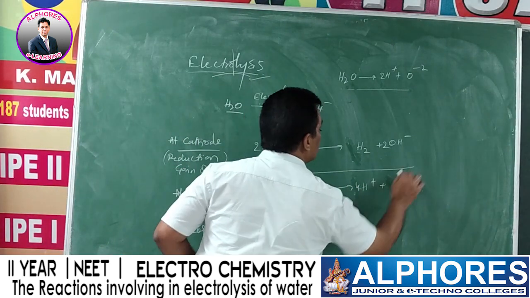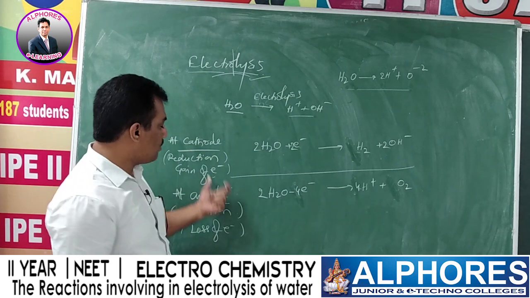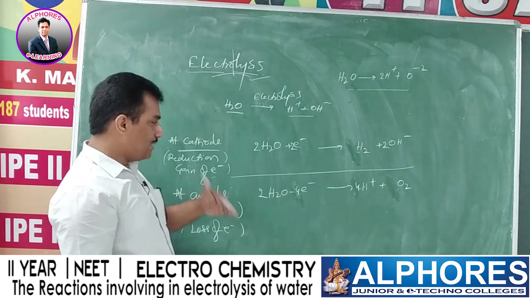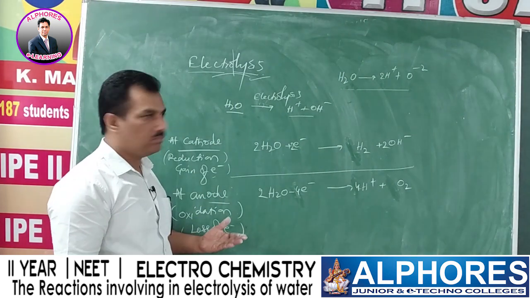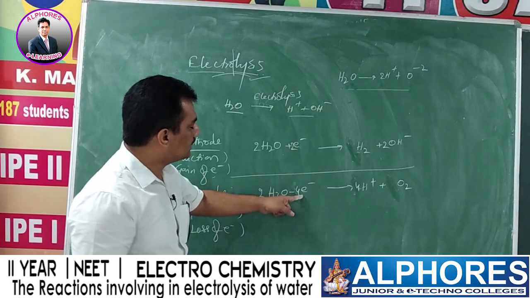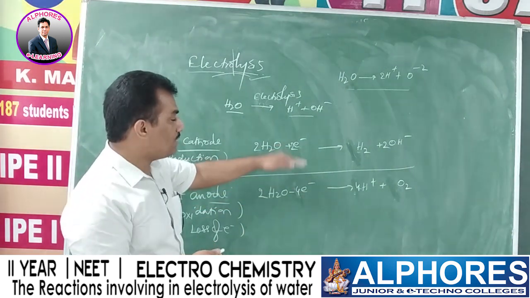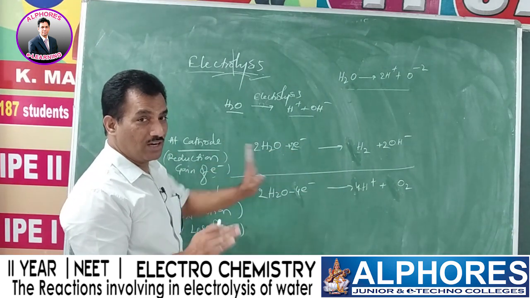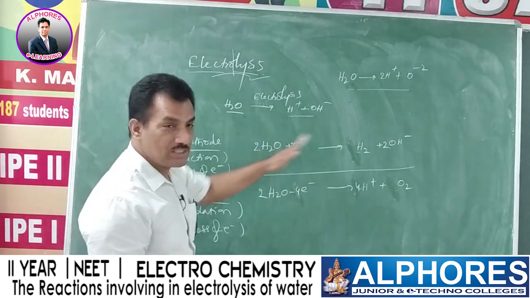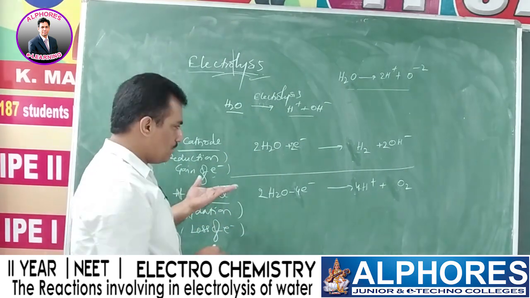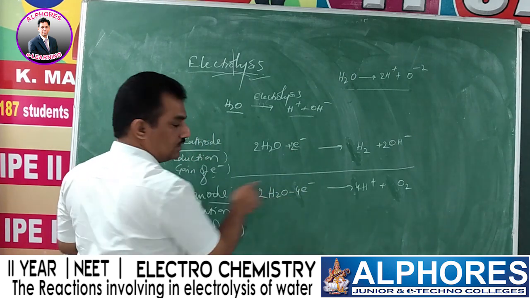In the previous session we already discussed that the number of electrons released at the anode should be equal to the number of electrons gained at the cathode, and thereby let us balance the electrons. You already know from stoichiometry how to balance. When electrons are balanced, not only electrons, all the chemical species, both reactants and products, should be balanced.